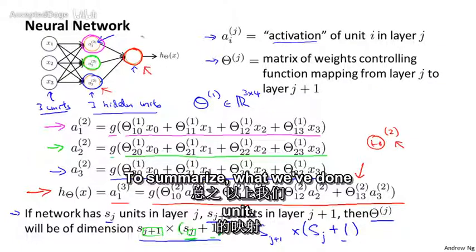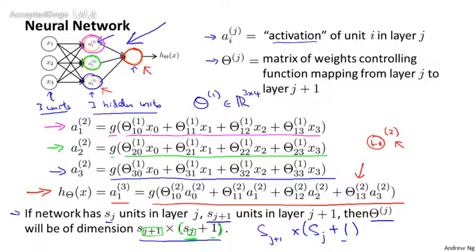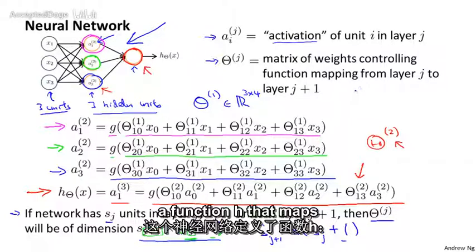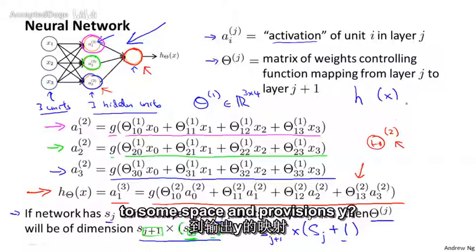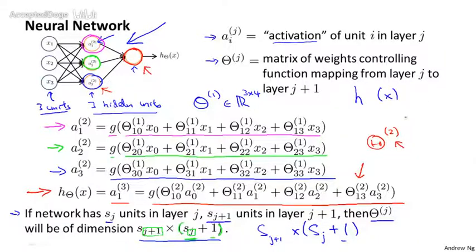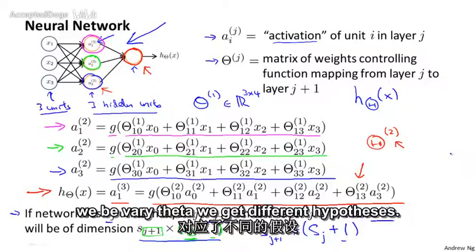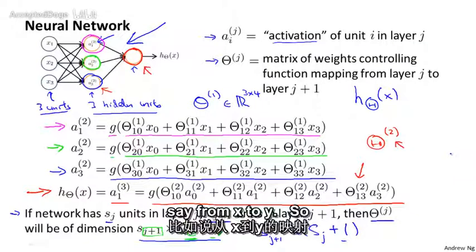To summarize, what we've done is show how a picture like this defines an artificial neural network which defines a function h that maps from x's input values to hopefully some space of predictions y. And these hypotheses are parameterized by parameters that I'm denoting with capital theta, so that as we vary theta, we get different hypotheses, so we get different functions mapping from x to y.